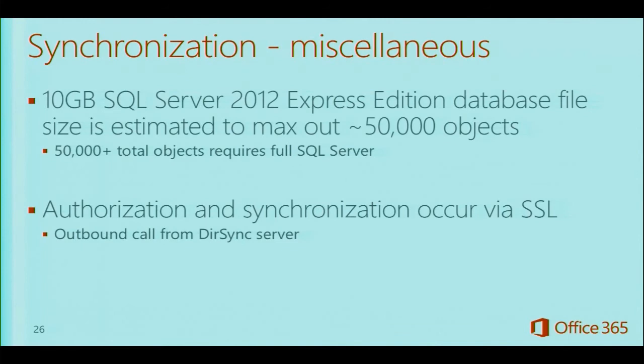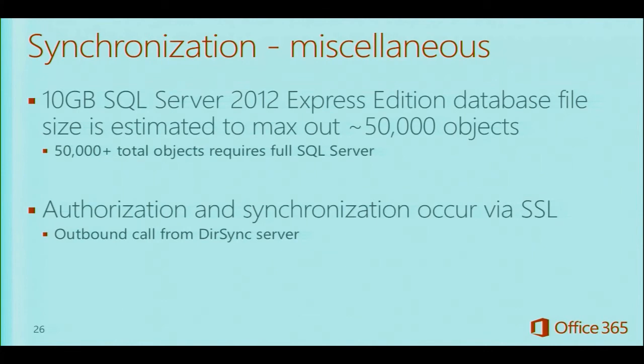Now, there is another 50,000 object limit, but that's outside of us, that is present in SQL Server Express Edition. And there's also a limit at about, I think it's around 10 gigabytes. And a 10 gigabyte database can hold around 50,000 objects. If you do have more than 50,000 objects in your Active Directory, that of course then means that you won't be able to use the version of SQL Server Express Edition that comes bundled with DirSync.